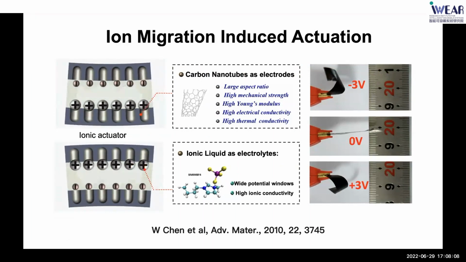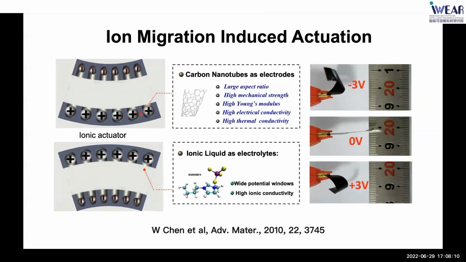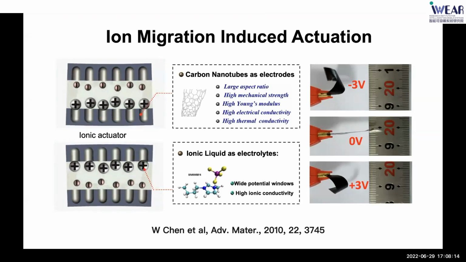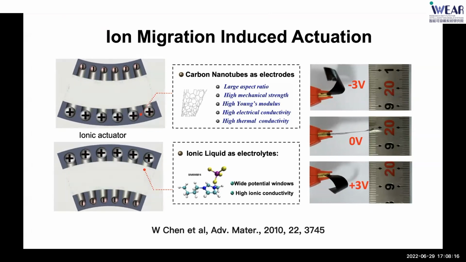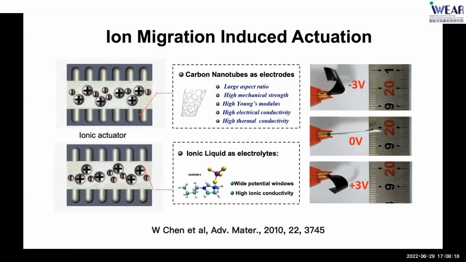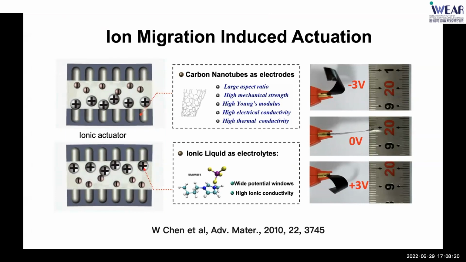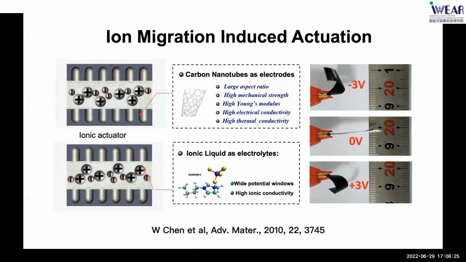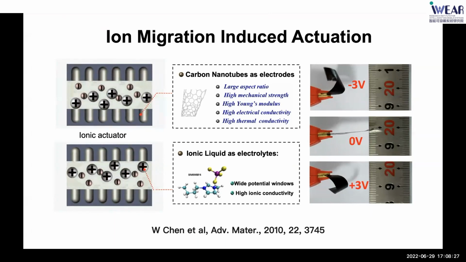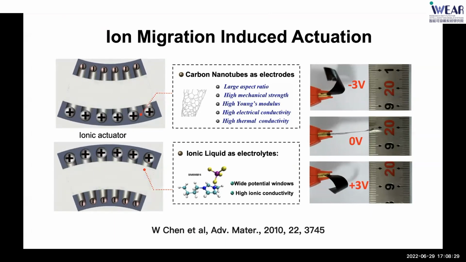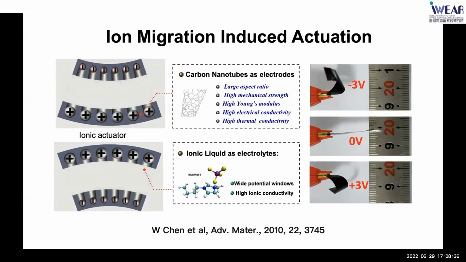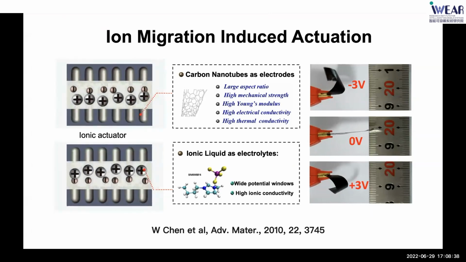It is a very simple sandwich structure with electrolytes and electrodes. The mechanism is that when electric fields are applied, the ions will polarize, transport, and accumulate at the electrodes. And due to the asymmetric expansion of the electrodes, we can see different degrees of actuation.